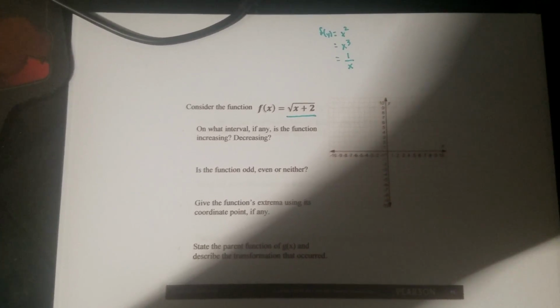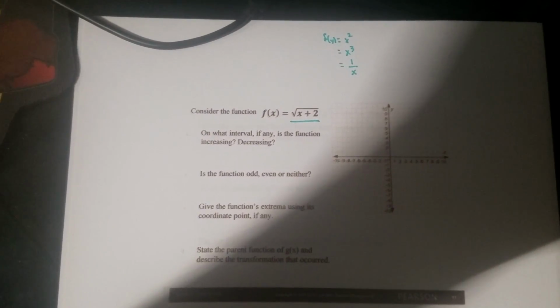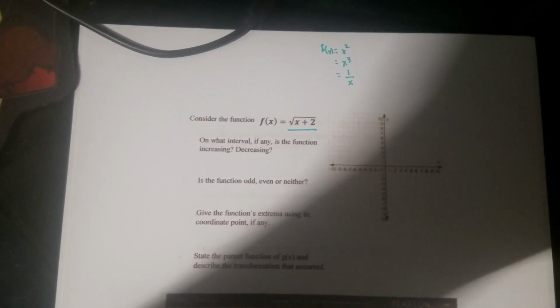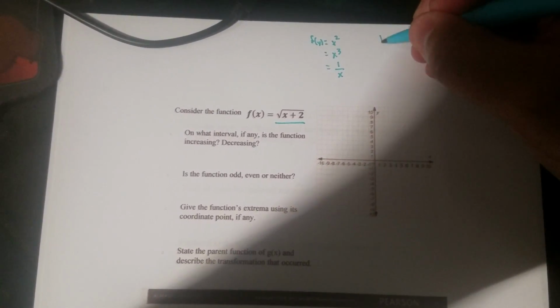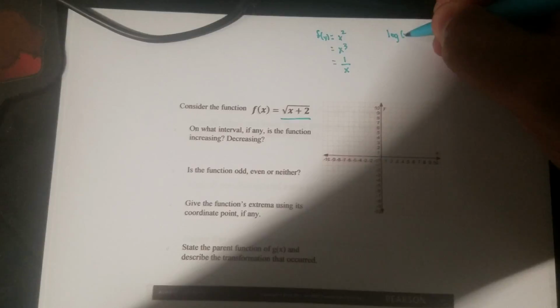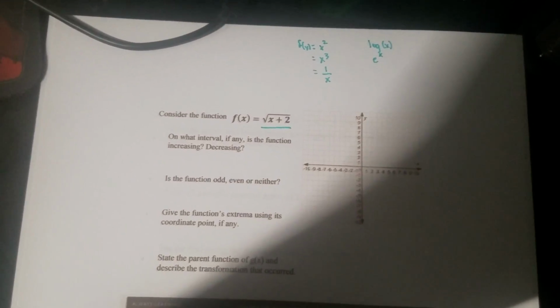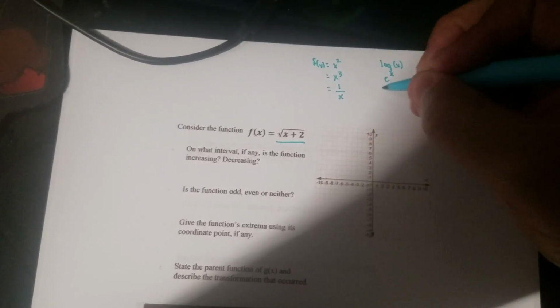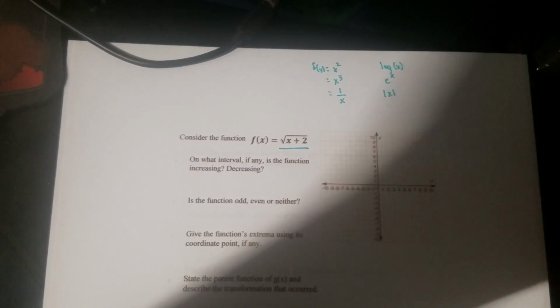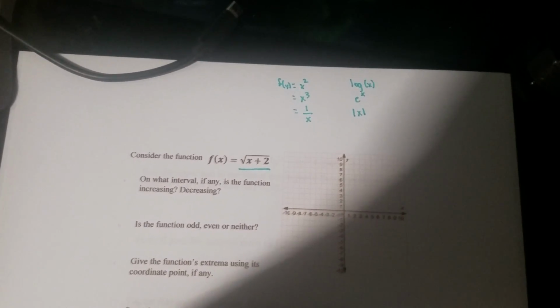They like asking about the 1 over x one, so just remember what that one looks like. The log equation, the exponential one, okay, the absolute value, that one they like to ask a lot about, so remember what those look like.